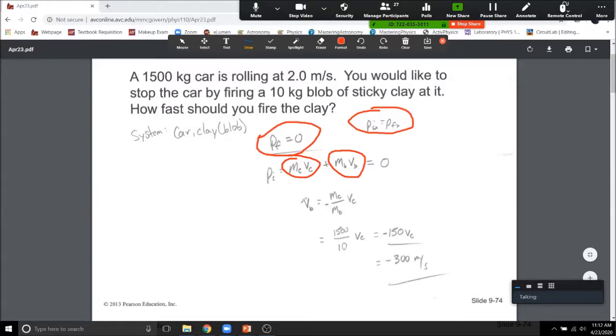So we put the masses in here, the VC is this 2, and we get negative 300. Now, it's negative because it's just indicating that you have to throw it opposite the direction of the car's motion. But this number makes a lot of sense. If you can manage to throw your roughly 22 pounds of clay at the speed at which an airliner flies, then you can do this.